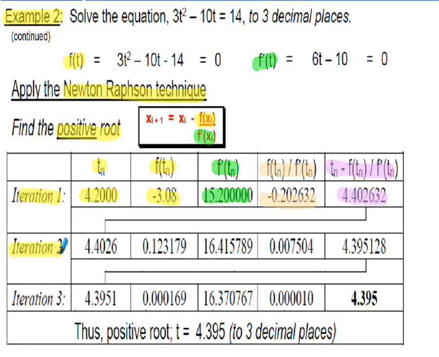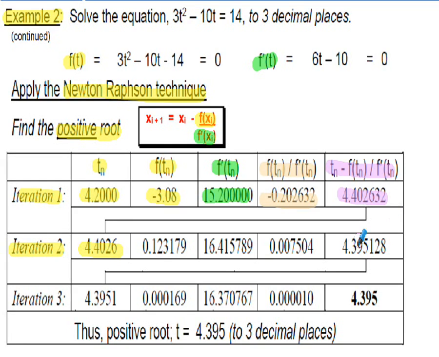Iteration 2 is undertaken in a similar way as iteration 1. The only difference now is we're using the tn value of 4.4026 from our first iteration. I'll encourage you to work through the rest of the slide yourself to find the various values for iteration 2.